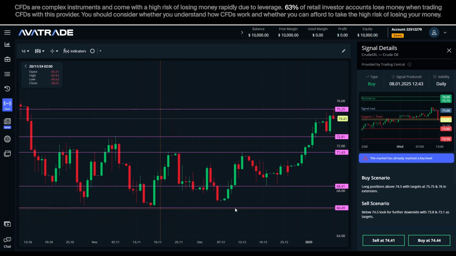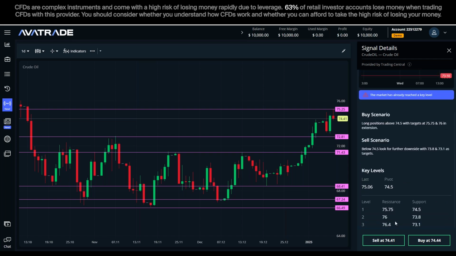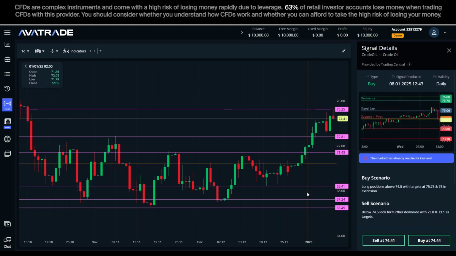So this is one level. We have other levels as well, and as I said, it can indicate potential reversal or a fundamental change. Now, it's important for us when I'm demonstrating the signals because the take profit and the stop loss are based on those levels.